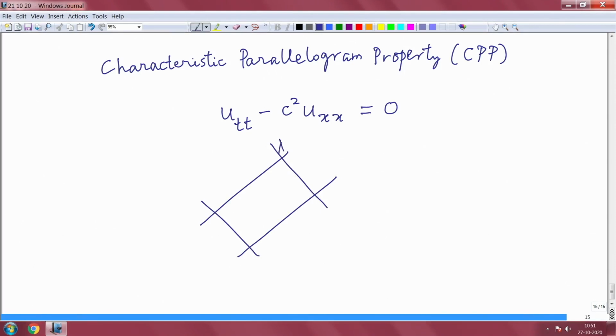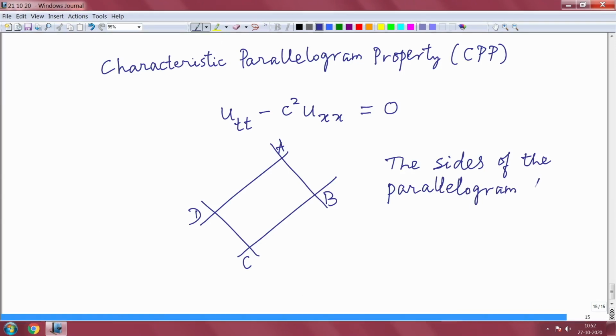So, here I denote this A, B, C, D. The sides of the parallelogram A, B, C, D are line segments of the characteristics.